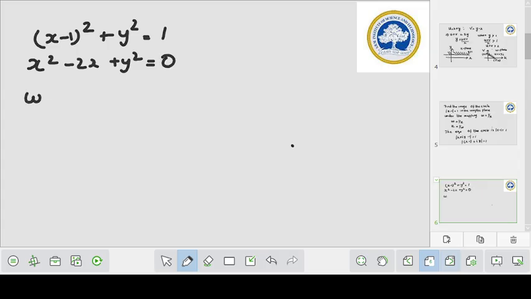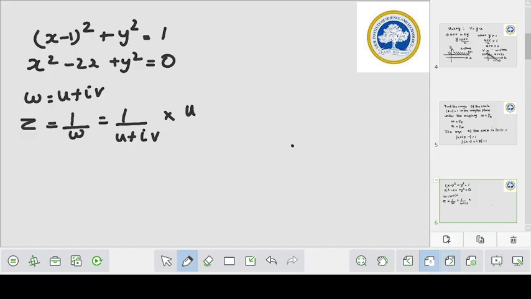So here you have w equal to u plus iv and z equal to 1 by w, that is 1 by u plus iv. Now you multiply and divide by the conjugate, u minus iv by u minus iv.